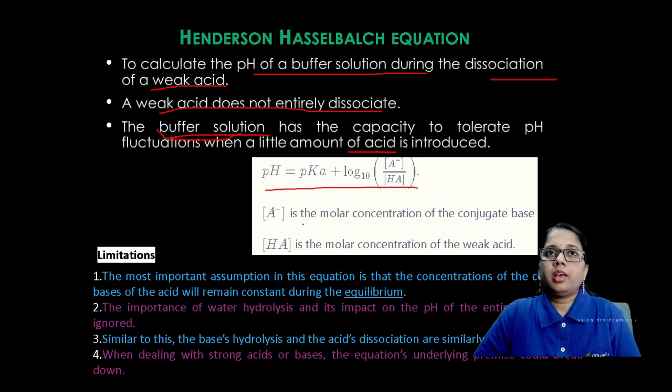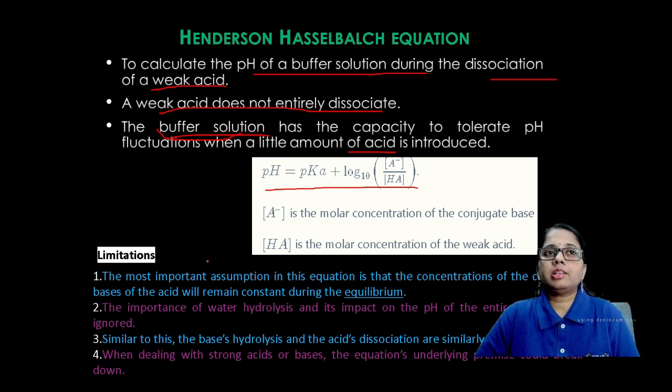Here A minus is the molar concentration of the conjugate base and HA is the molar concentration of the weak acid, because here you are considering the concentrations after ionization. Before that it is different, after the reaction it is different.